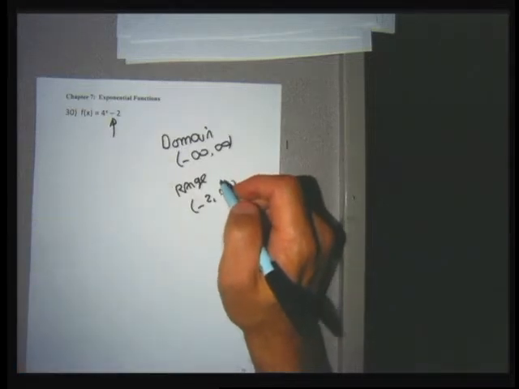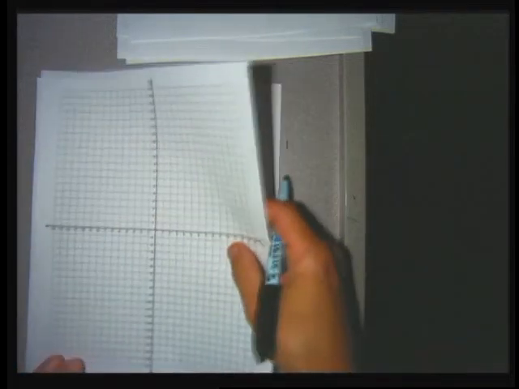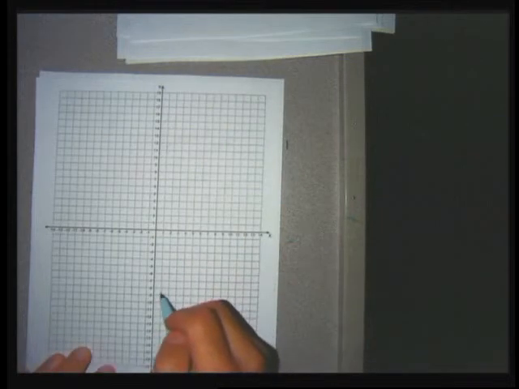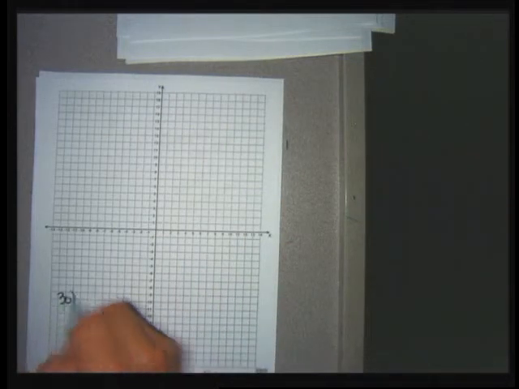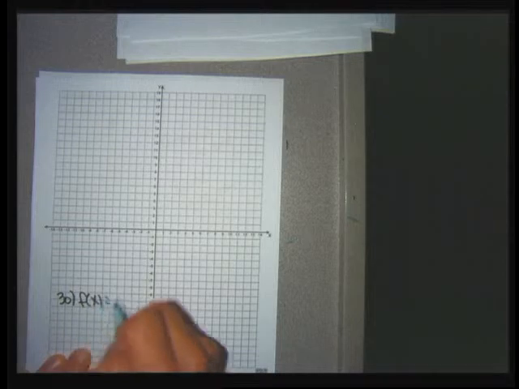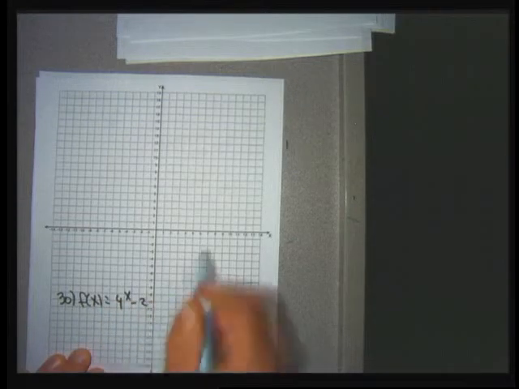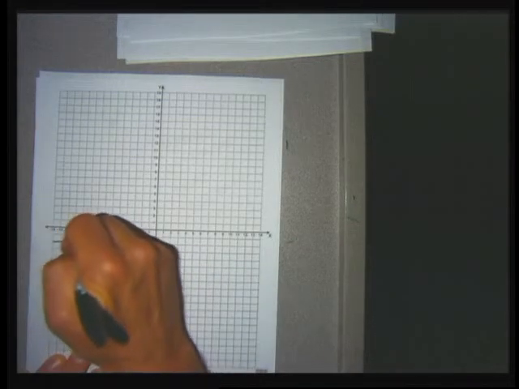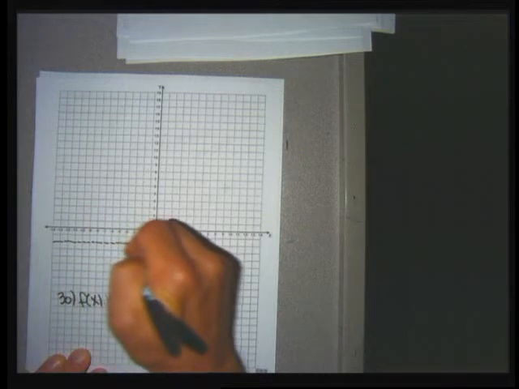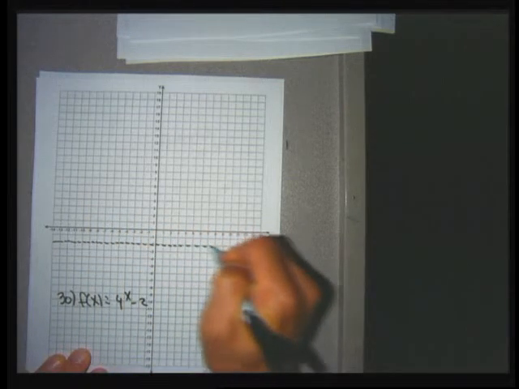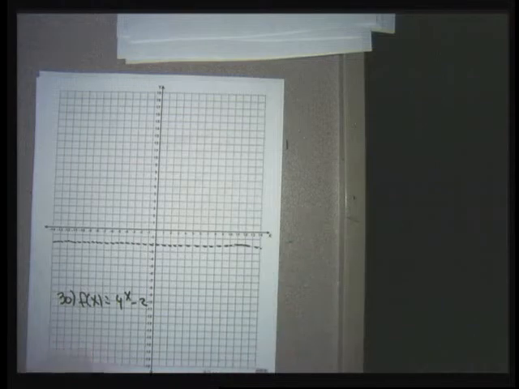So when I do 30, 4 to the x minus 2, better give myself some room low here. So 30, f of x equals 4 to the x minus 2. What's going to happen is that minus 2 is going to kind of be what the graph is attracted to.